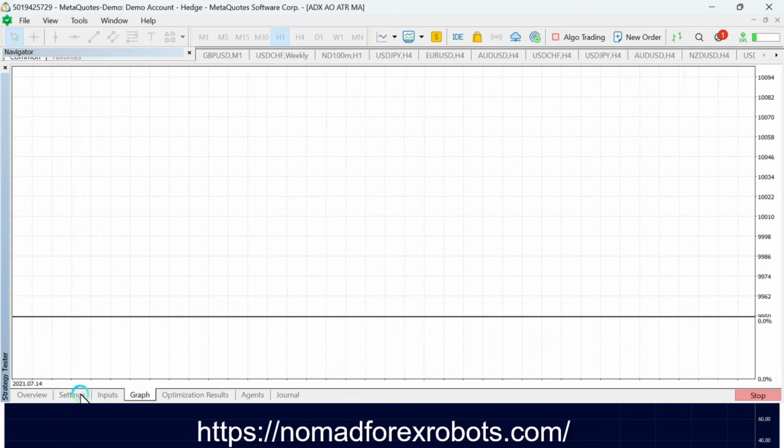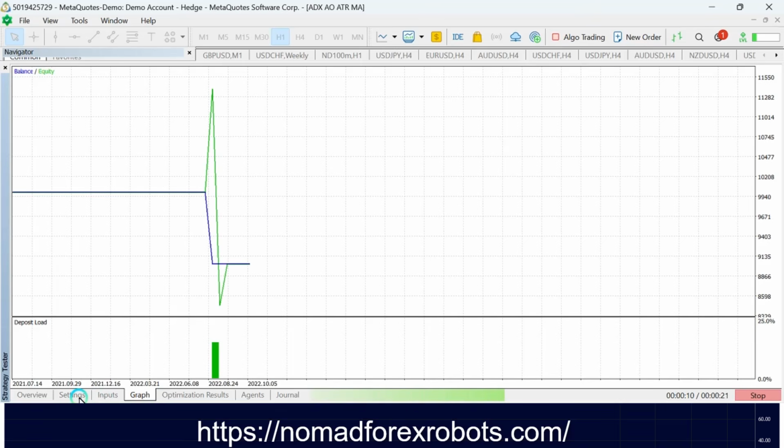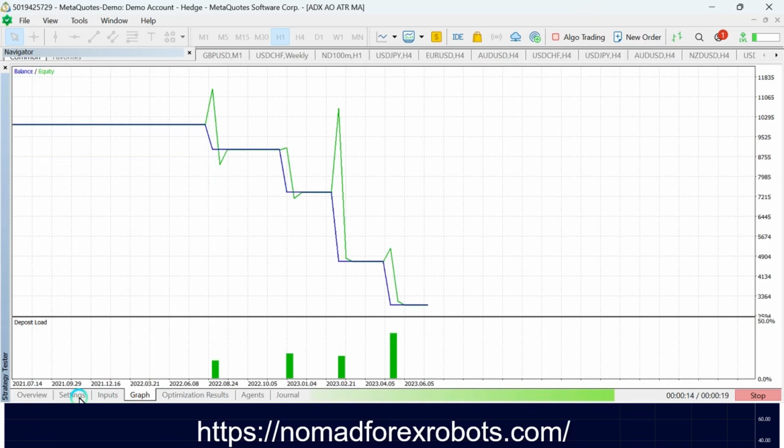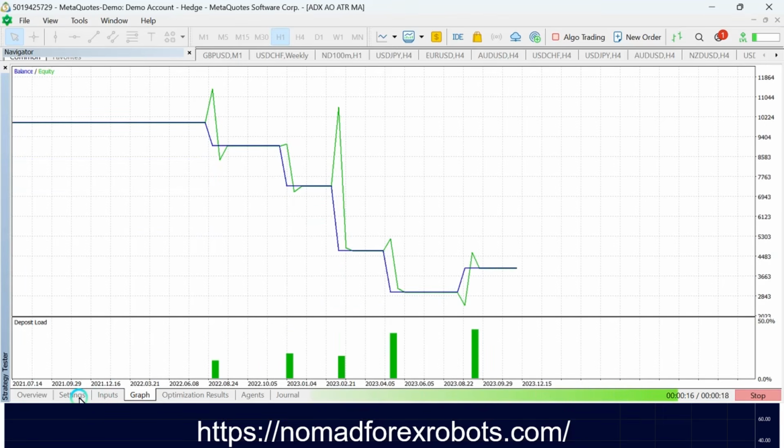You are going to have a false confidence in a particular strategy that is not actually working, because it is just over-optimized. Yeah, this strategy is not good on gold, so I wouldn't use this one on gold.